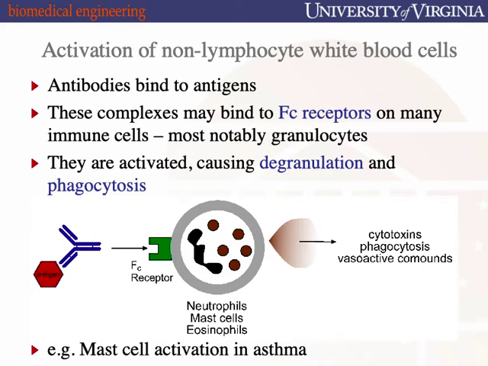One Fc receptor binding to one soluble antibody is not sufficient to trigger signal propagation. There's some threshold associated with the clustering of Fc receptors. So remember I said we're going to begin to generate these immunocomplexes of multiple antibodies bound to multiple antigens.